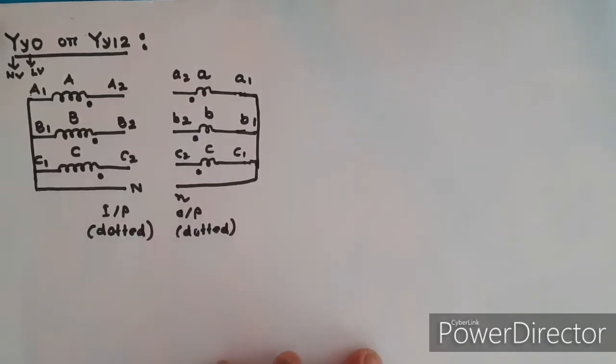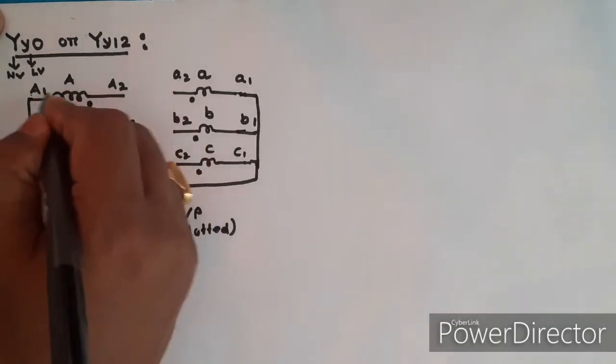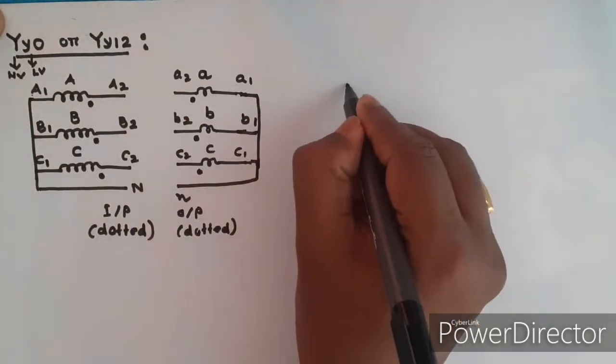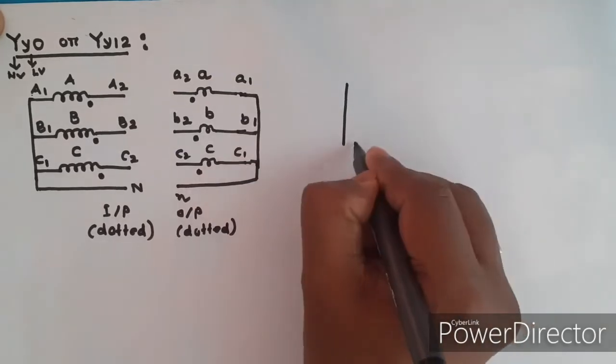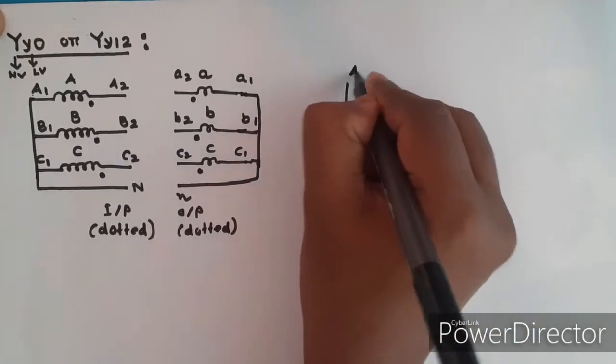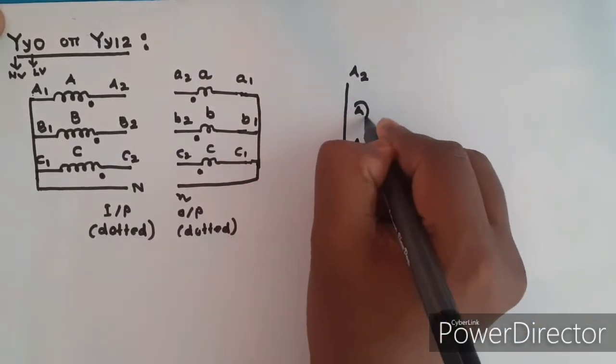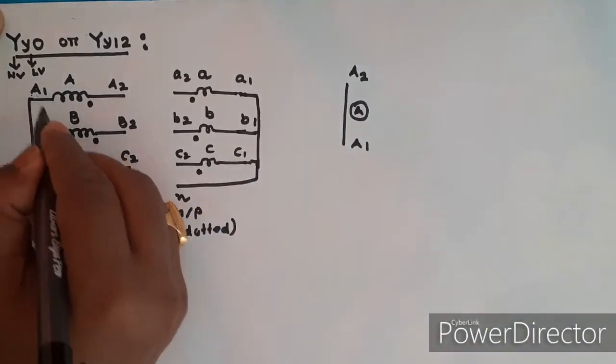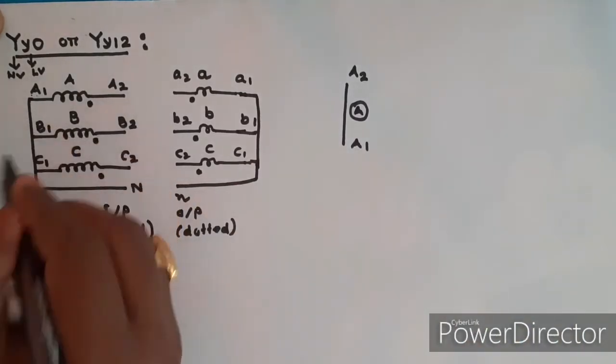To draw the phasor diagram, I will arbitrarily draw the phasor of A1, A2. Suppose this is your A1, A2, A phase. Now here A1, B1, C1 is the same point, shorted.